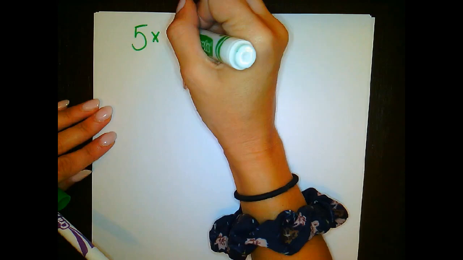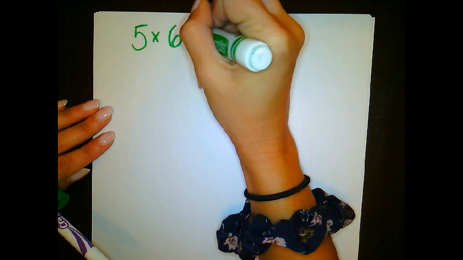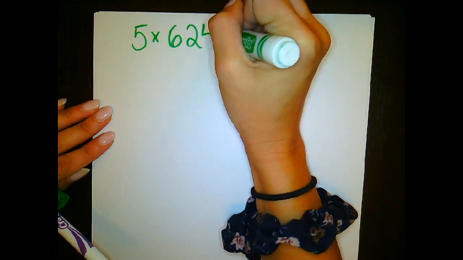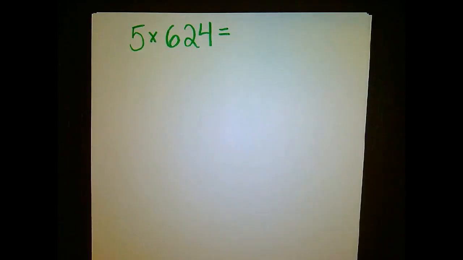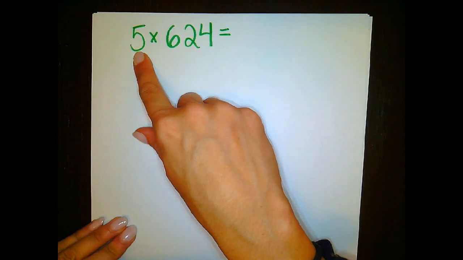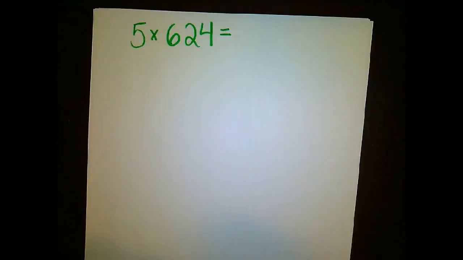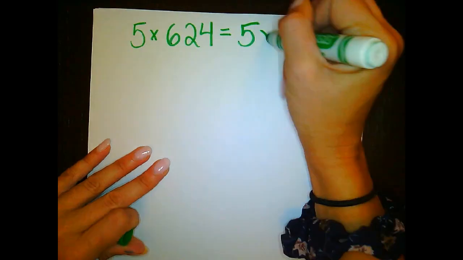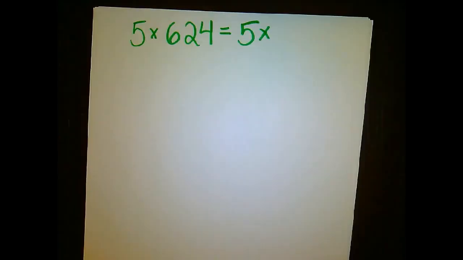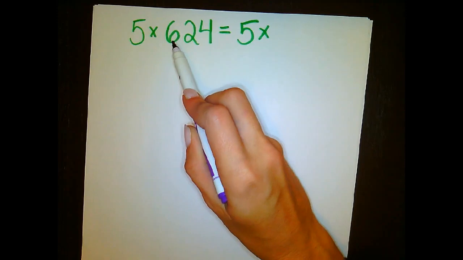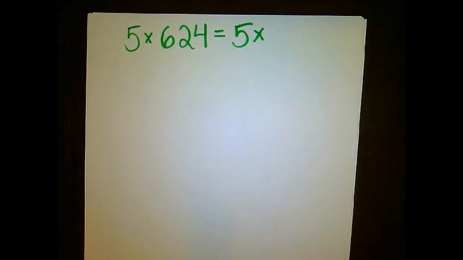I can't make it into expanded form. So I leave that as a 5. But this number can be turned into expanded form, 624. So I'm going to do just that. This is going to turn into 600 plus 20 plus 4.